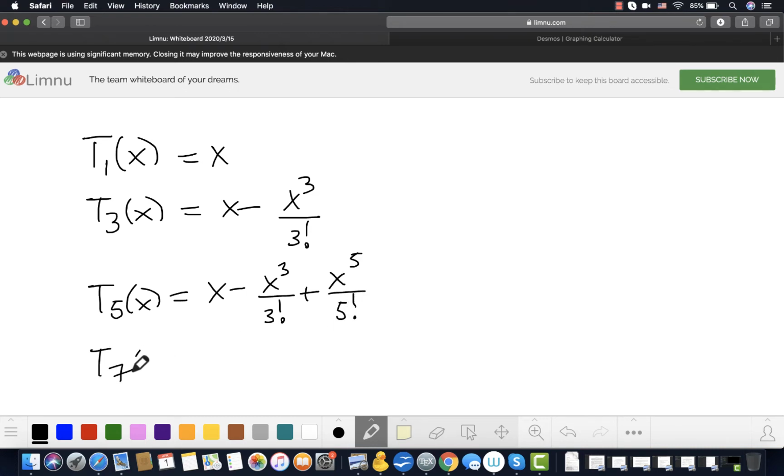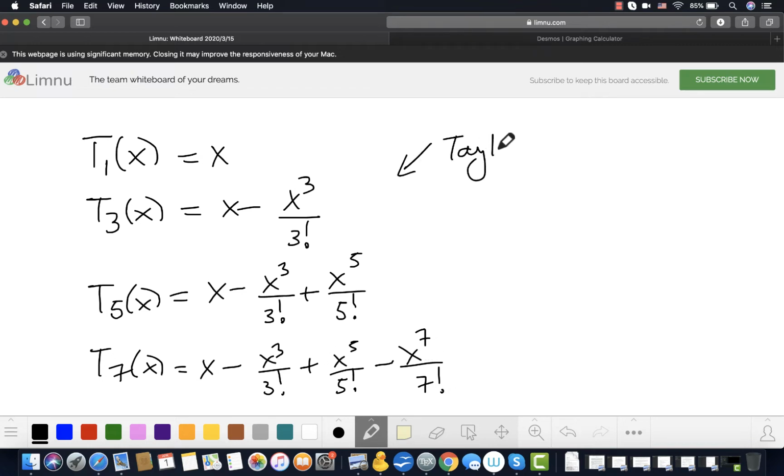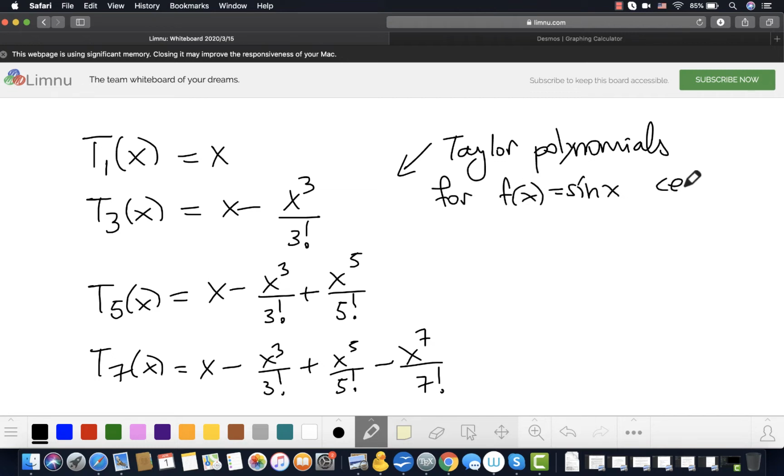And then the order 7 Taylor polynomial for sine x is going to be x minus x cubed divided by 3 factorial plus x to the 5 divided by 5 factorial, minus x to the 7 divided by 7 factorial. So we're taking more and more terms. So this is an example of Taylor polynomials for the function sine x centered at 0.